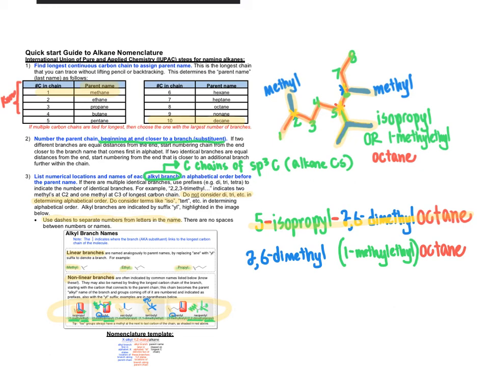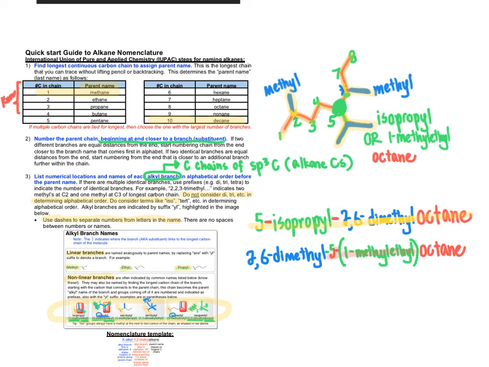So put all that in parentheses, and then we still need to specify that that 1-methyl ethyl branch is coming off at carbon number 5 of the longest carbon chain. In order to specify that, immediately prior to that 1-methyl ethyl, we put a dash, as we always do to separate letters from numbers, and put a 5 in there and then another dash to indicate that the 1-methyl ethyl branch is located at carbon number 5.